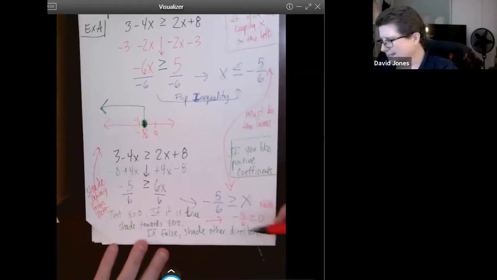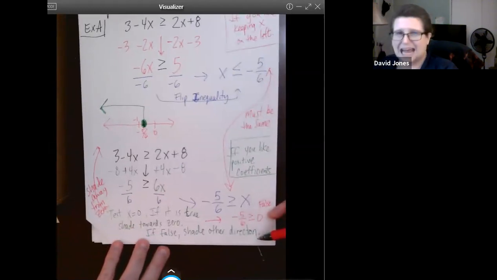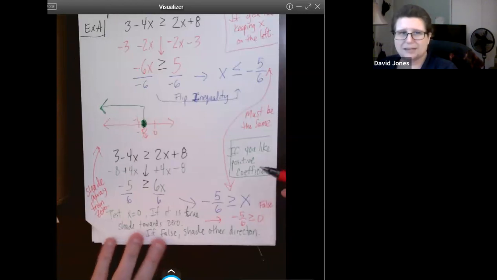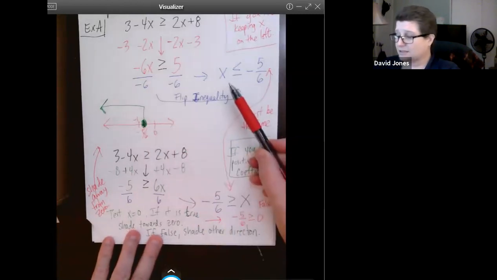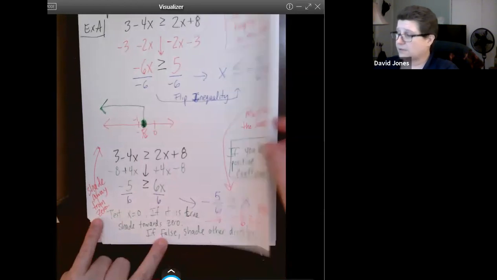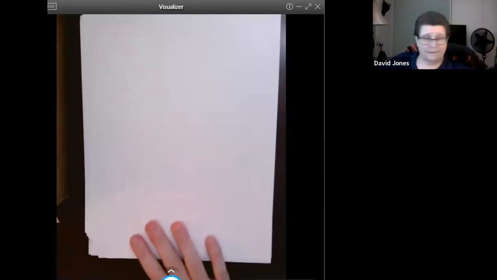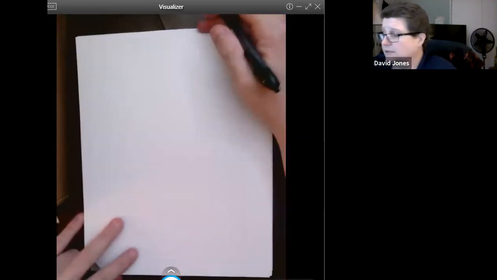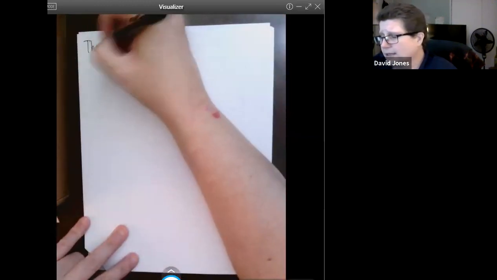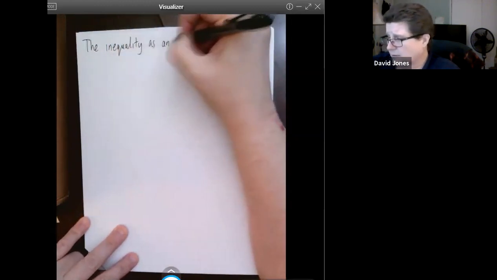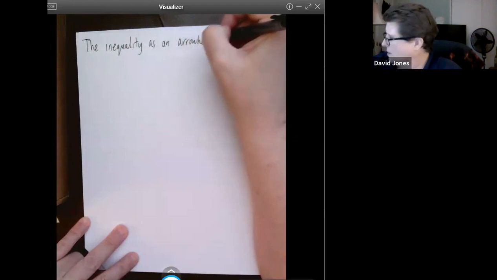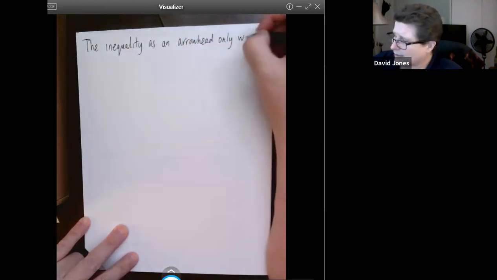Now, you may not like this testing method, but in a little bit, we're not going to have a choice. You're going to have to test values. This test method always works, okay? The testing method always works. This arrowhead method works only when x is on the left. So I'm going to emphasize, I'll put that in words right here. The inequality as an arrowhead only works when x is on the left.